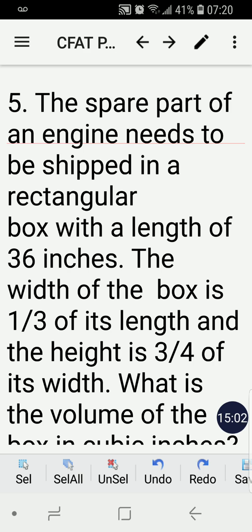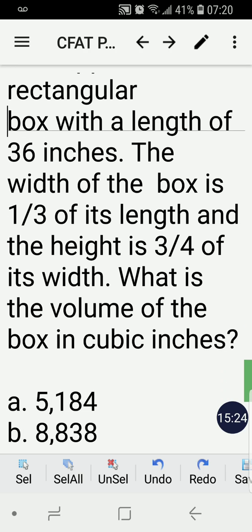So the spare part of an engine needs to be shipped in a rectangular box with a length of 36 inches. The width of the box is 1/3 of its length, and the height is 3/4 of its width. What is the volume of the box in cubic inches?